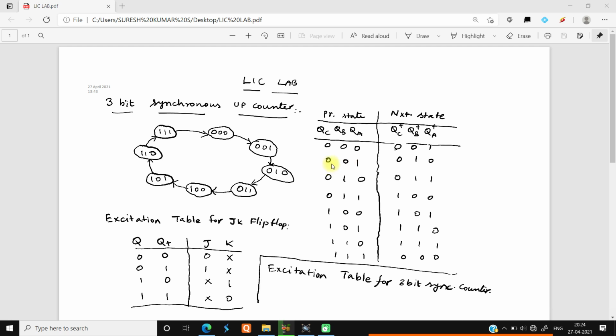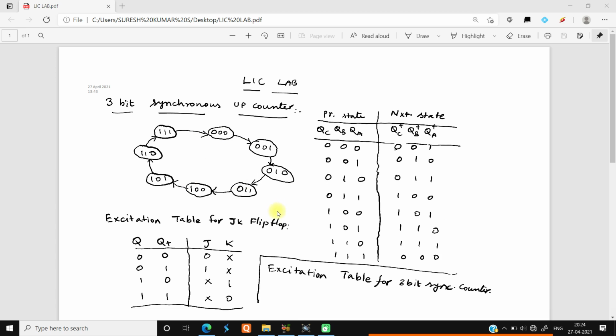If the present state is 001, then the next state will be 010, and if 010 is the present state, then the next state will be 011, and it goes on. So we can populate this state table as this logic applies.